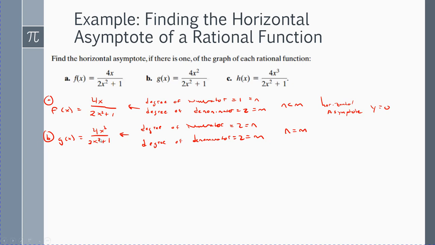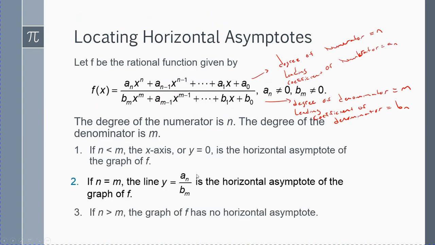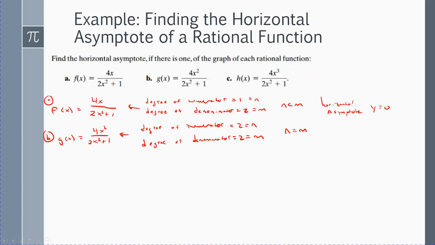When n is equal to m, the line y equal to a sub n over b sub m, the ratio of the leading coefficients, is the horizontal asymptote. So this has a horizontal asymptote at y is equal to the leading coefficient 4 over 2, which is 2.